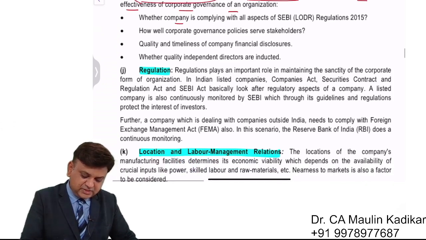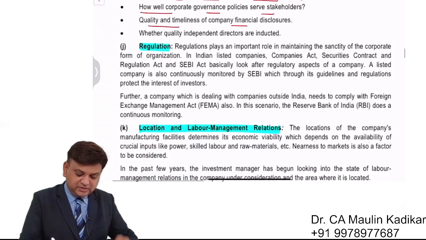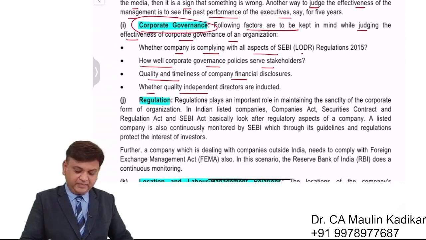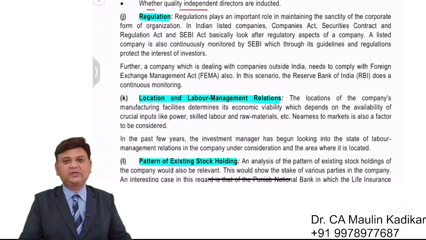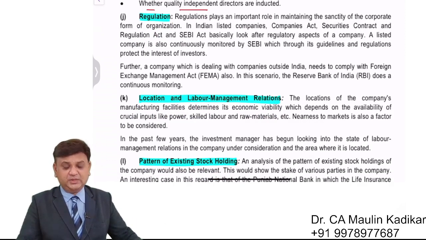Whether the company is complying with the aspects of SEBI, how well corporate governance policies serve stakeholders, quality and timeliness of the company's financial disclosure, whether quality independent directors are inducted, that is what we understand. रेगुलेशन यानी कि जो भी रूल्स एंड रेगुलेशन है वो सही से हम लोग लाइक एडहर करते या नहीं करते, दैट्स वेरी इंपॉर्टेंट.